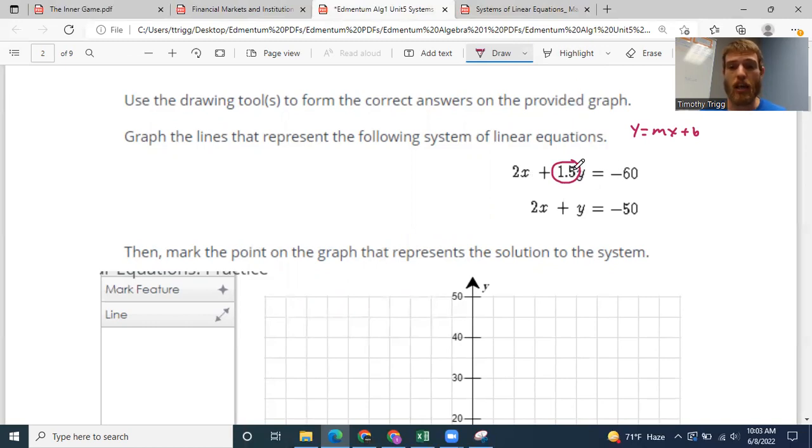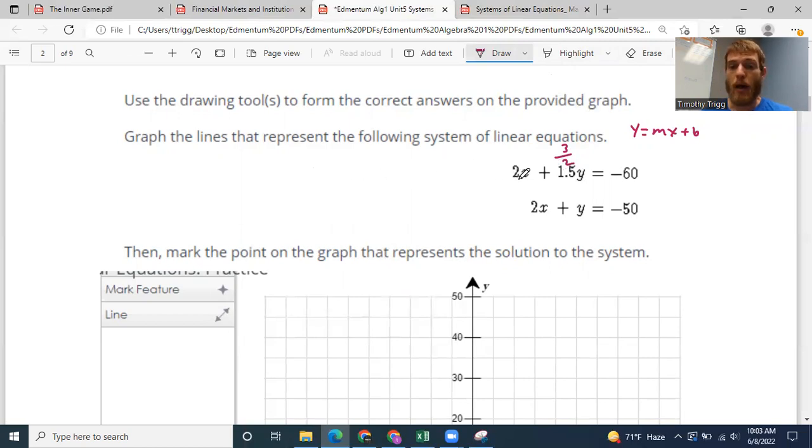So we're going to change this 1.5 into 3 over 2, because 3 over 2 actually equals 1.5. You can check in your calculator, 3 divided by 2 gives you 1.5. So I can replace it with a fraction just like that.